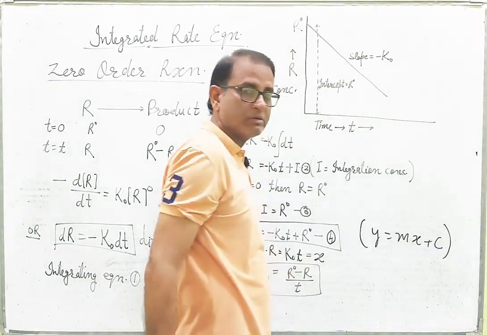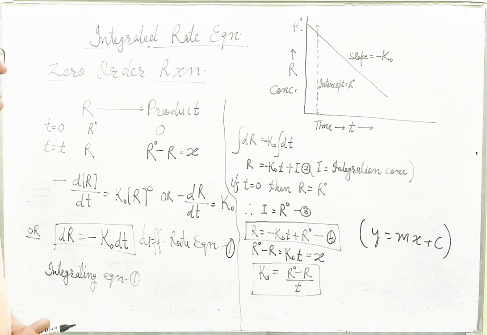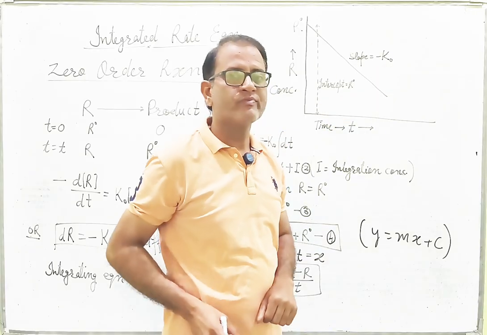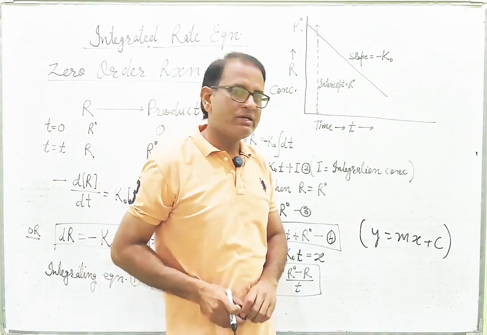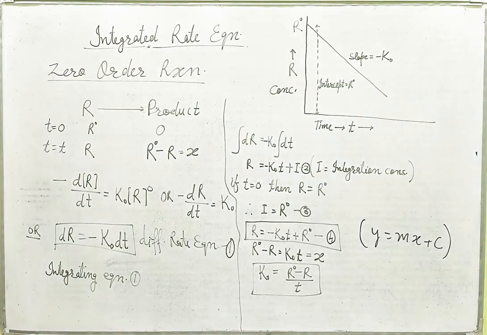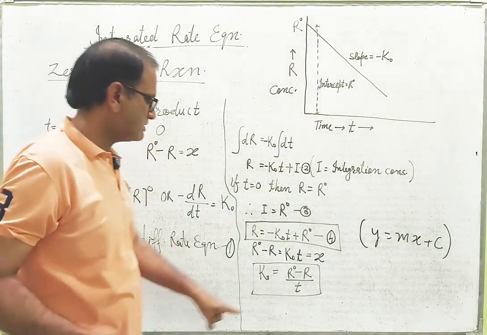Perpendicular upon base will be equal to the slope. So by using this slope we can determine the value of K0. Am I right? So this is how the integrated rate equation is discussed.